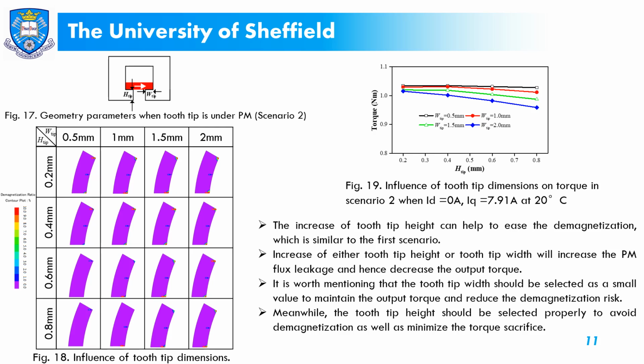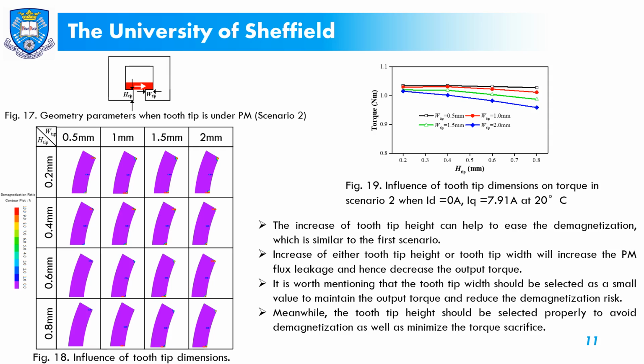and increase of either tooth tip height or tooth tip width will increase the PM flux leakage and hence decrease the output torque.